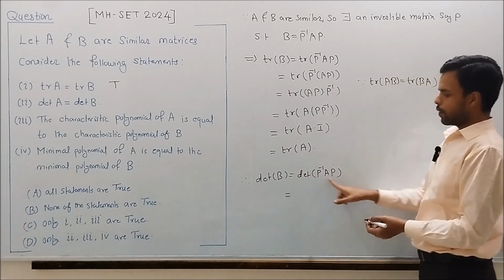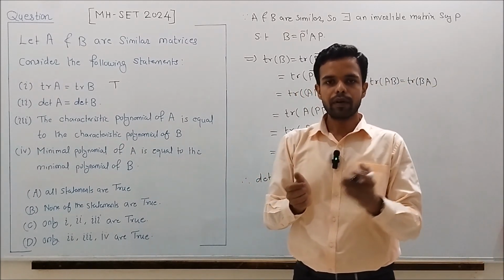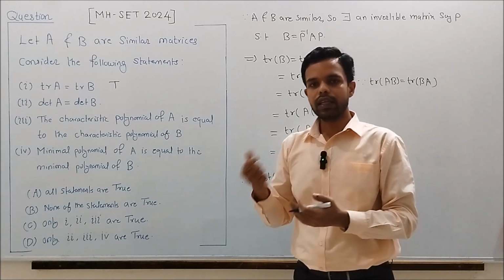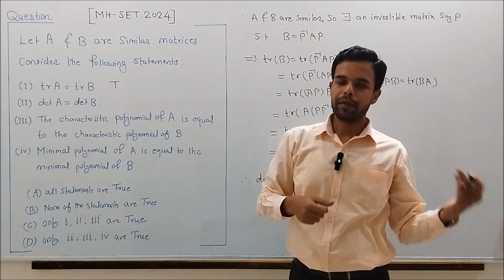By properties of determinant, we know that determinant of A1, A2 and so on up to An is equal to determinant of A1 times determinant of A2 times and so on up to determinant of An.